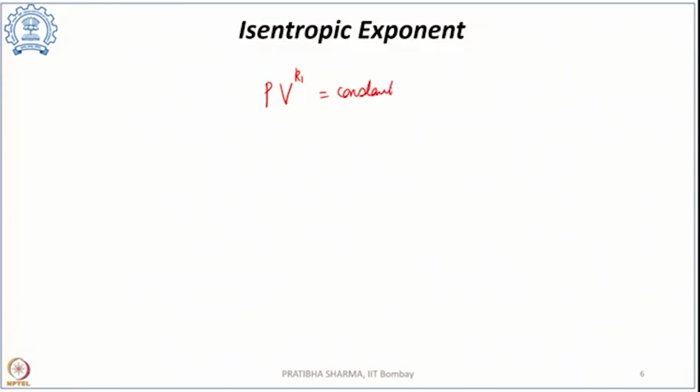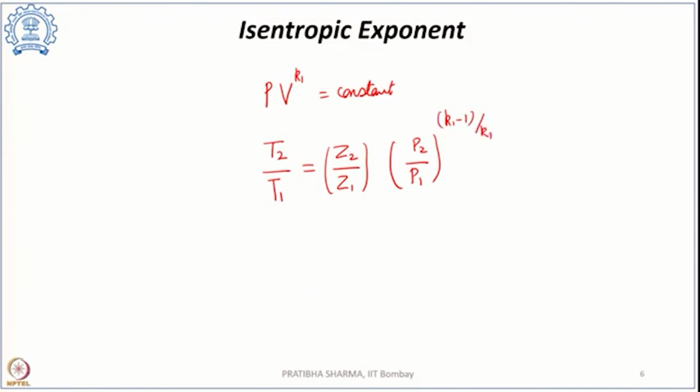If on compression we want to find the final temperature T2, then that is related to the initial temperature T1 by the ratio of the compressibility factors Z2 upon Z1, times the pressure ratio P2 upon P1 raised to the power K1 minus 1 over K1.